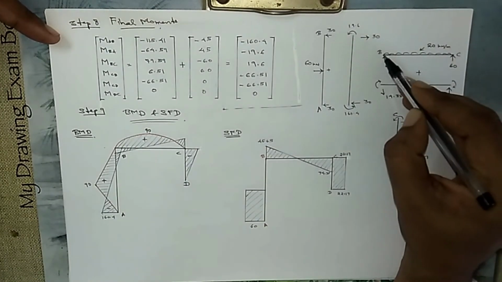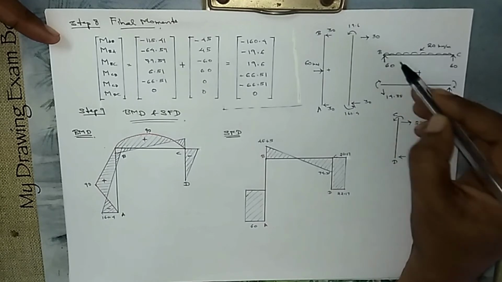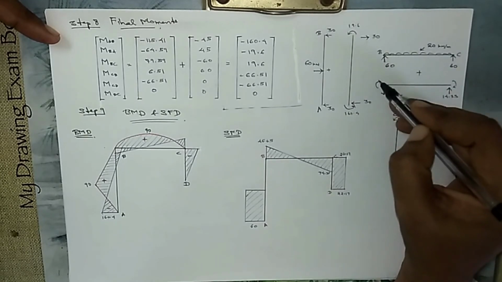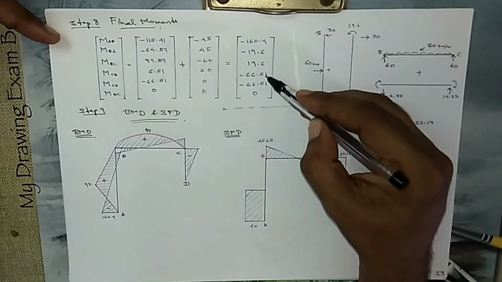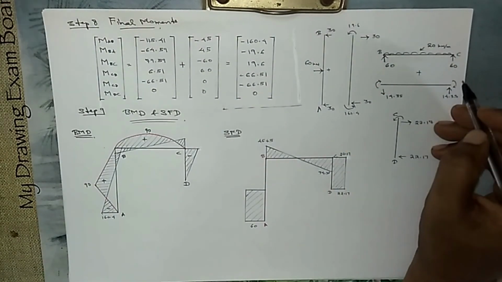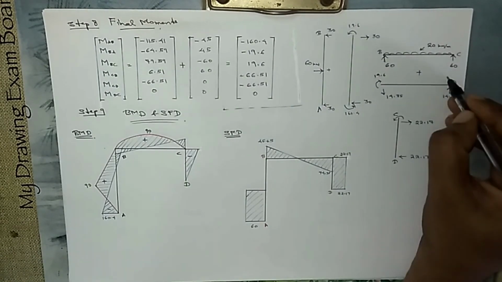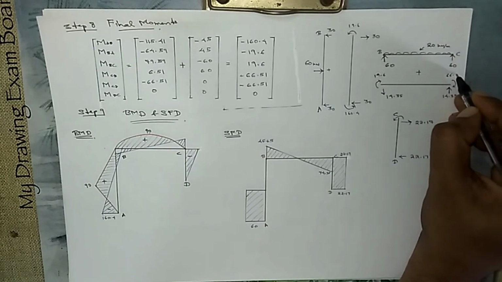Now moving into member BC, the load is given, the reactions due to this load are marked, then the reactions due to the final moments are going to be considered. Right here it's 19.6, here it's 66.51.